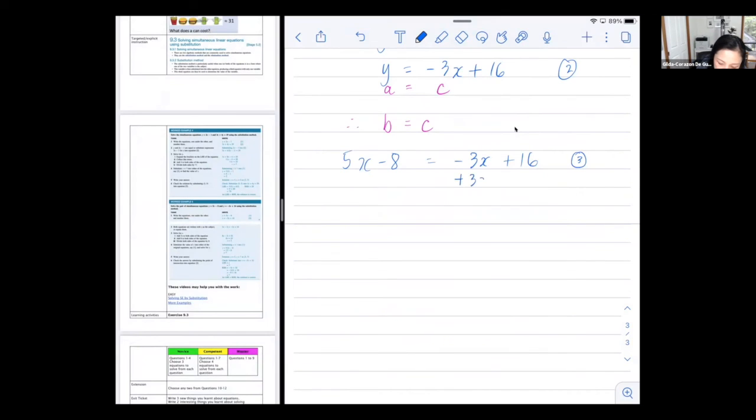We add 3x on both sides. Now what do we have? 5x plus 3x gives me 8x minus 8 equals, that's 0, and you have 16 on the right side. Now you want to get rid of this. You add 8. Add 8. And therefore you've got 8x equals 16 plus 8.